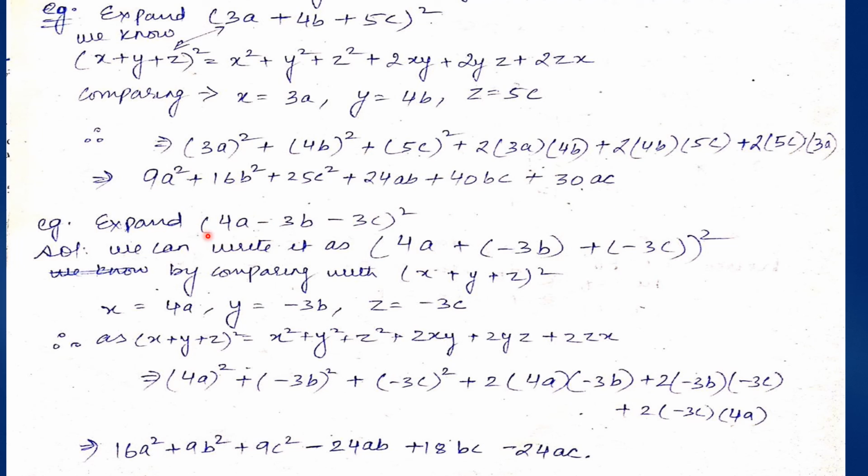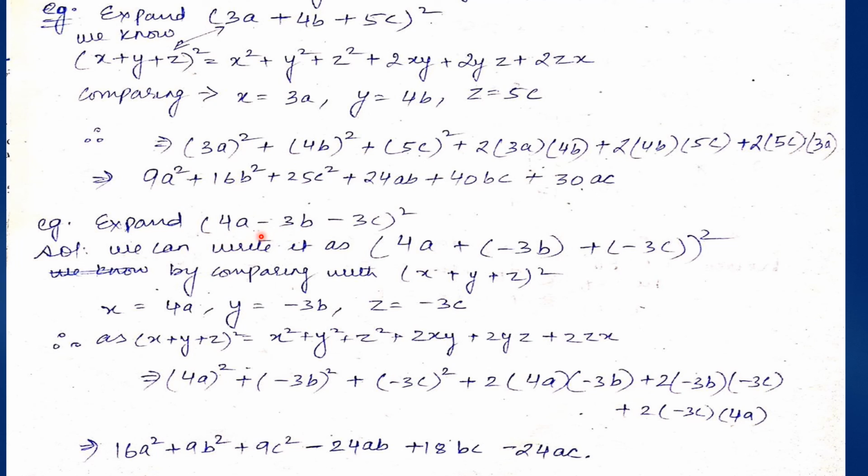Now, suppose this question comes. You are frightened that, sir, the formula you told us is of (x plus y plus z) whole square, but right now the question you are giving has negatives in it. No issue. I told you, if you know the formula of positive, you can do any question with that.